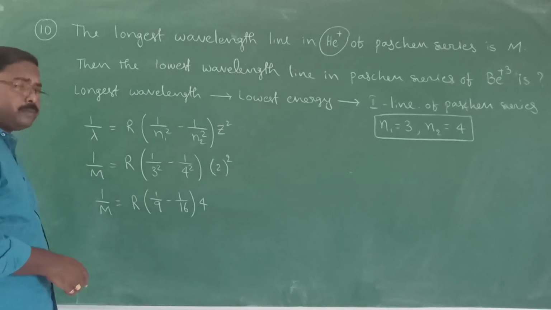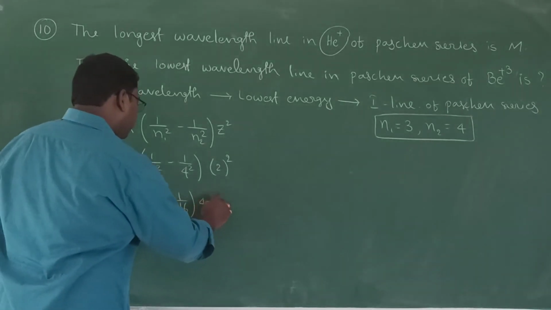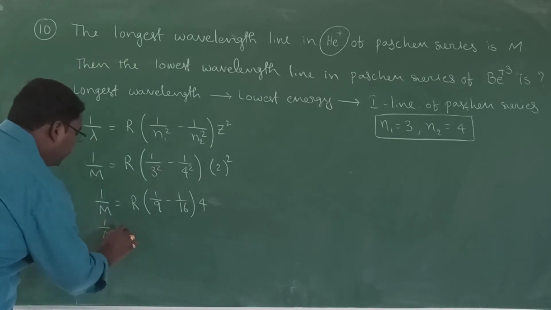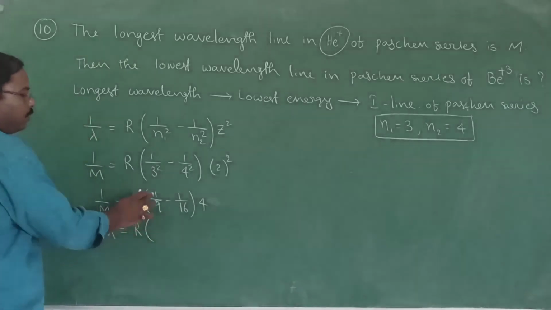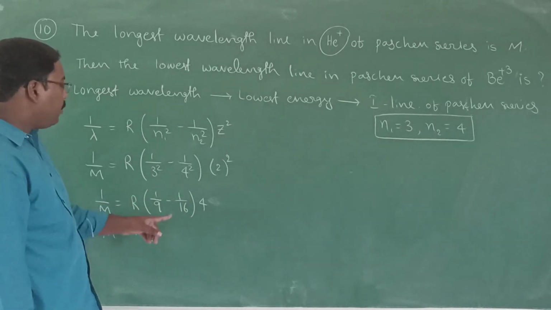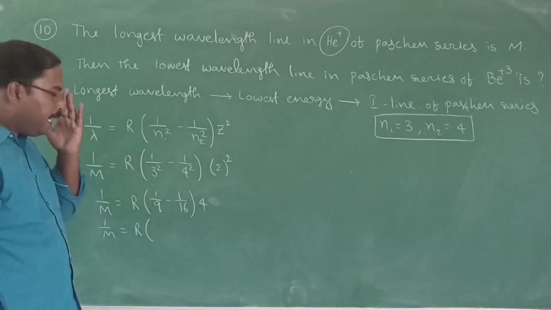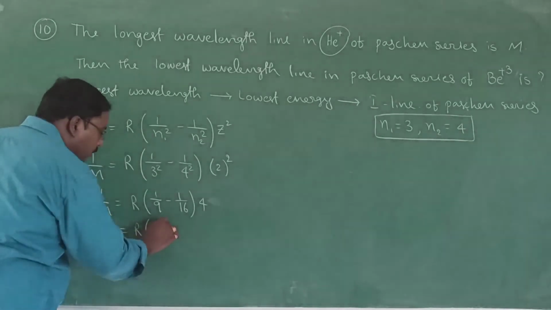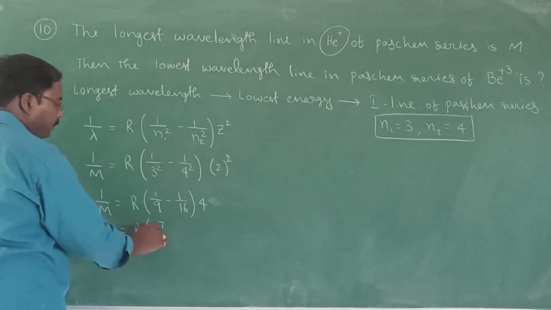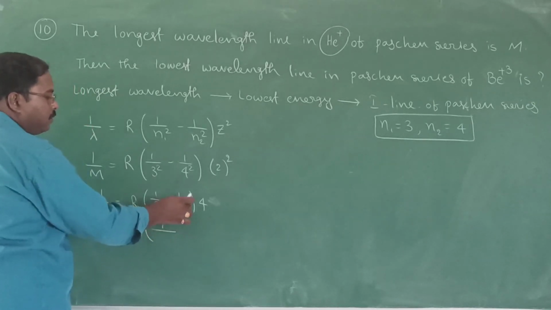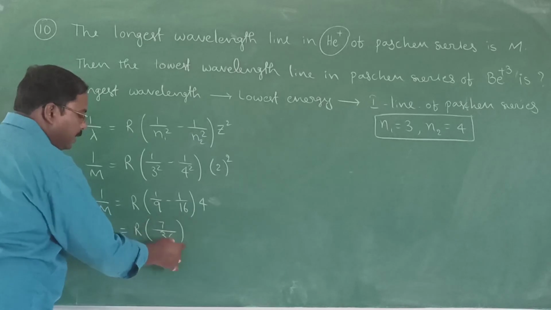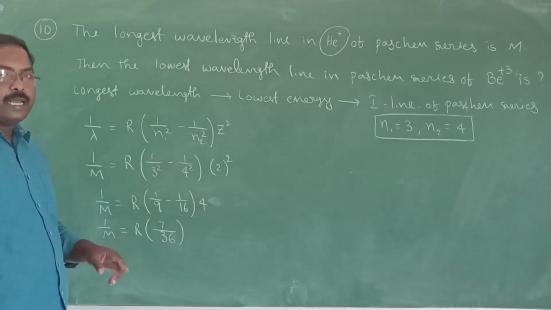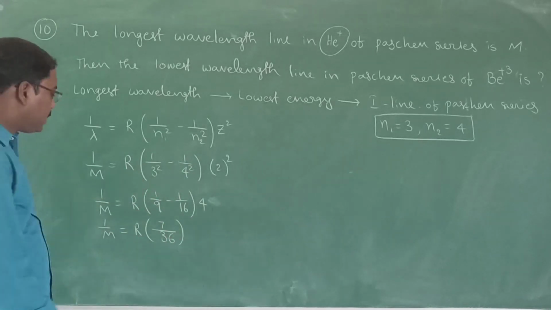How much is it? 1 by M is equal to R into, after taking LCM, 16 minus 9, so it is 7, divided by 36. 9 into 16, but 4 will be cancelled 4 times in 16, and 9 fours are 36.